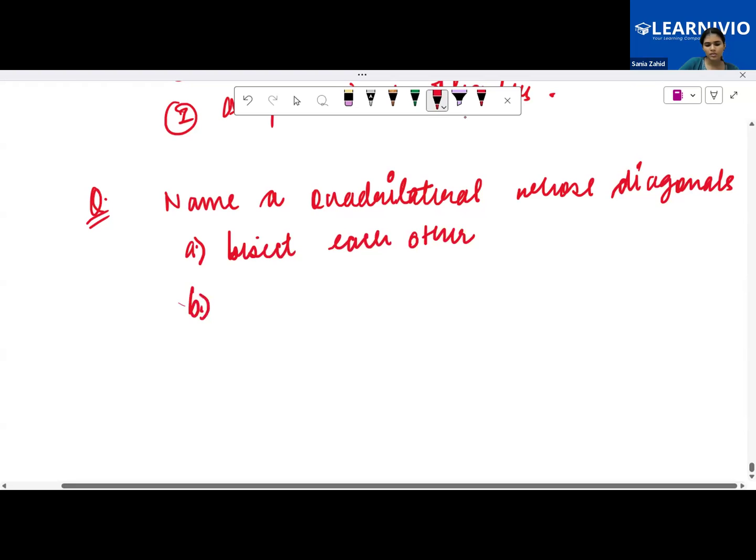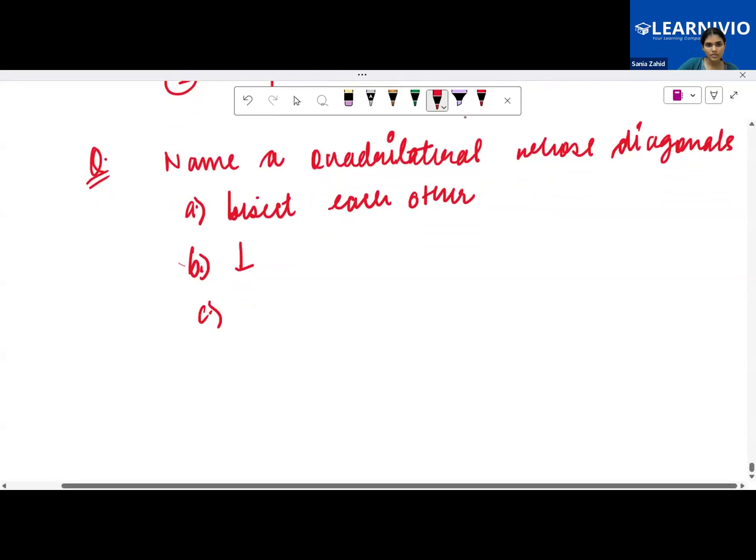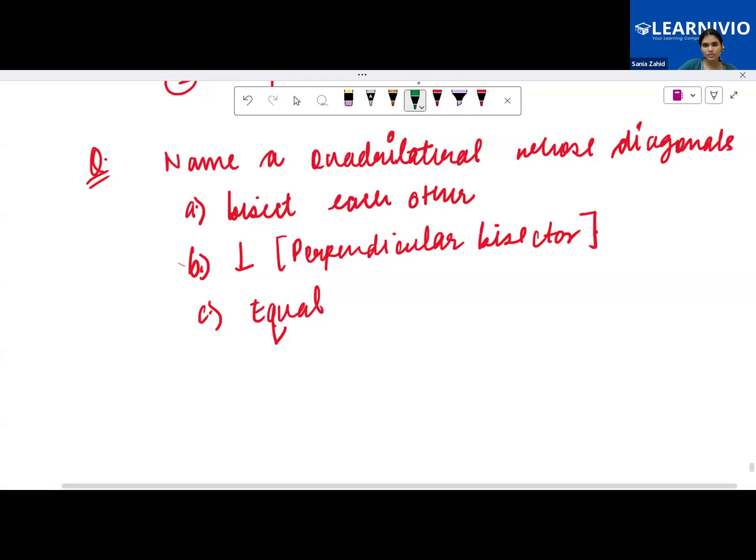B, are perpendicular bisectors of each other. And C, are equal. Okay, these three questions. Tell me.